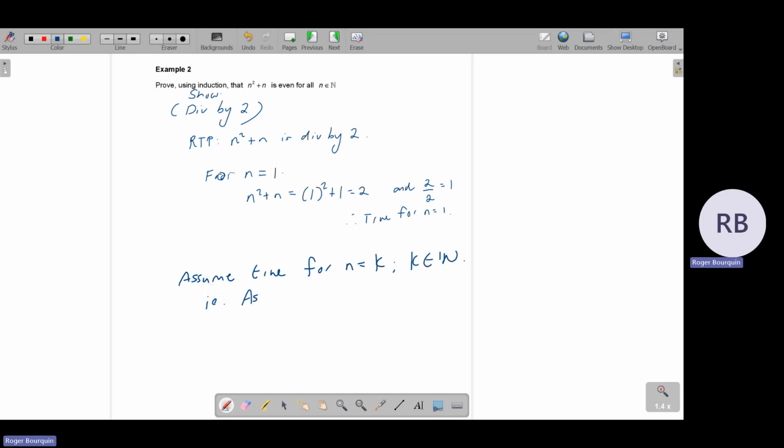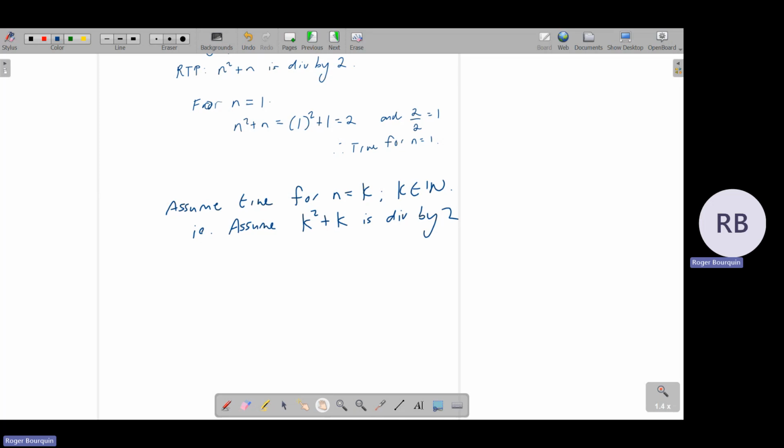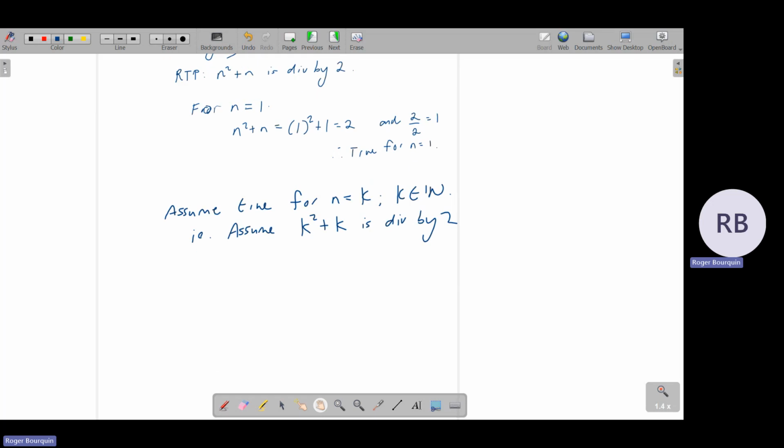That is, we assume k squared plus k is divisible by 2. You have to write this line. I would skip that. I would go straight to k squared plus k over 2 is equal to t.